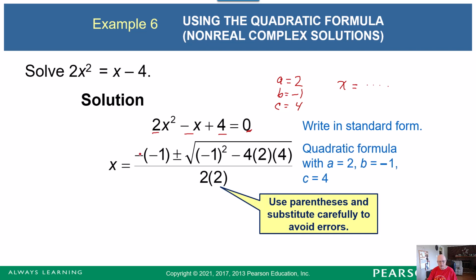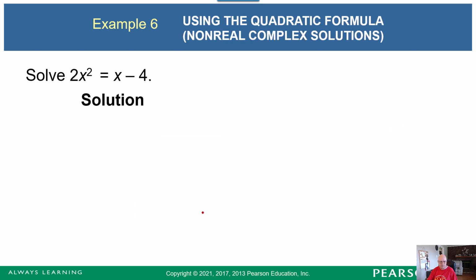Remember, over here you have a minus, so this will be a +1. This will be squared, so it'll be a +1. And here you got a minus times a plus times a plus, so this will be a negative number. -32 to be exact. So combining those inside the radical, you got -31.